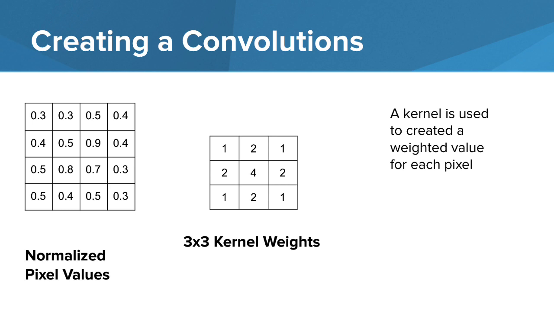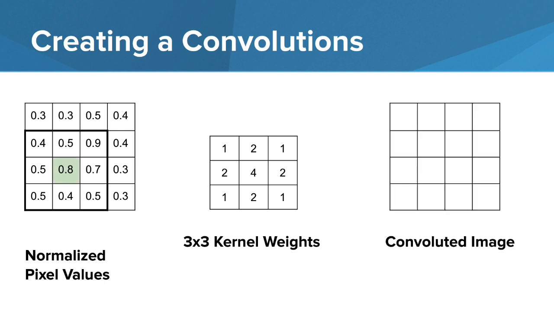Here's where the convolution happens. A 3x3 convolution uses a weighted 3x3 grid. Notice that the middle of the kernel weights have a higher value compared to the edges and the corners. Let's look at how we apply this to our Carol image. So we're going to start with the green pixel. We're going to apply that 3x3 grid around that green pixel.